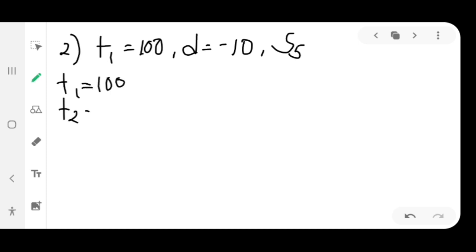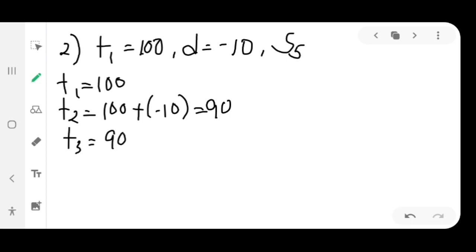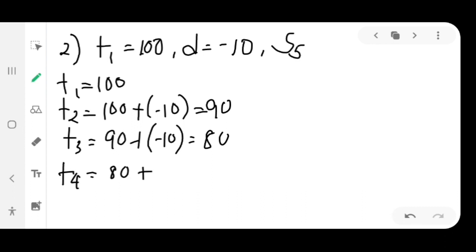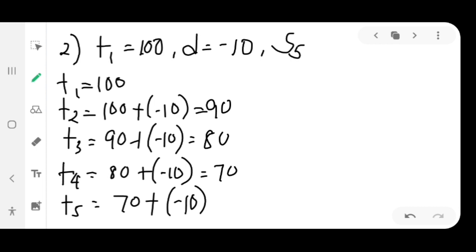Our t sub 2 is 100 plus negative 10, which is 90. T sub 3 is 90 plus negative 10, which is 80. And then t sub 4 is 80 plus negative 10, which is equal to 70. And then the last term, t sub 5, is equal to 70 plus negative 10, which is equal to 60.